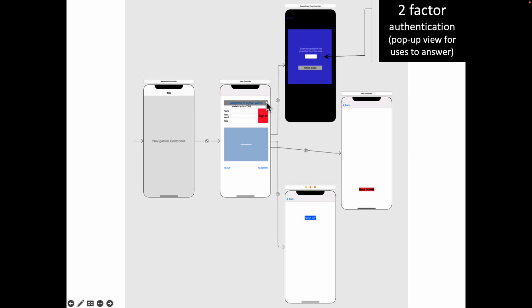By the way, in our simple implementation of two-factor authentication, we generate a random code here. Then the random code needs to be typed on the new view and the button clicked, then it comes back here.